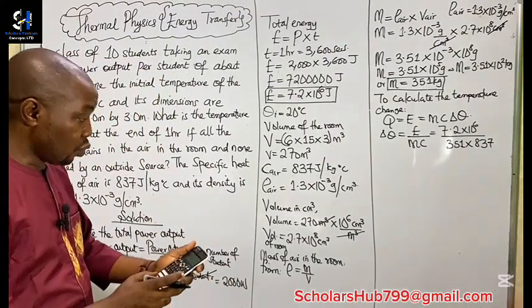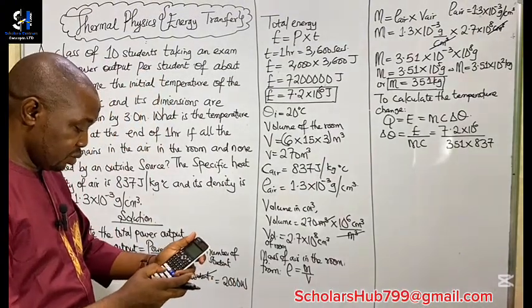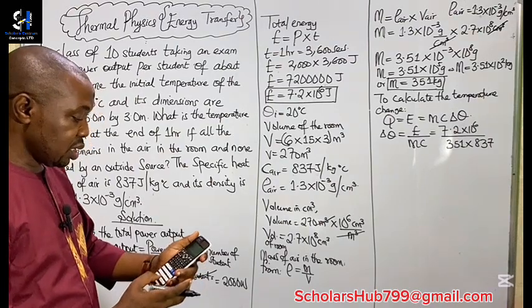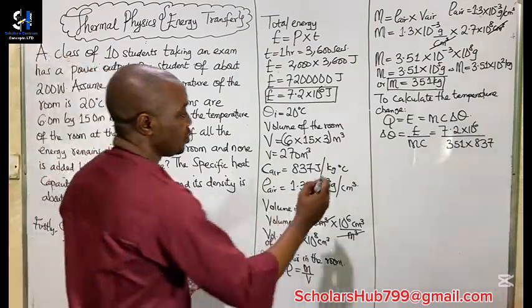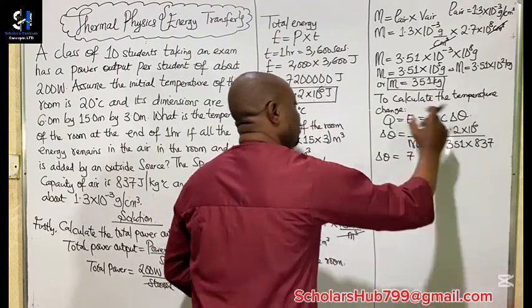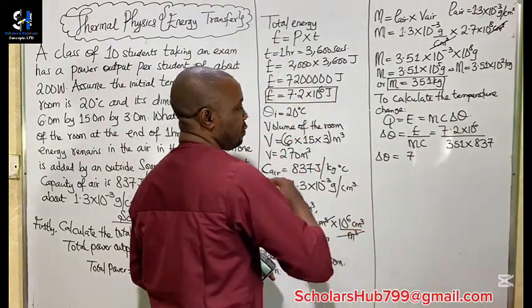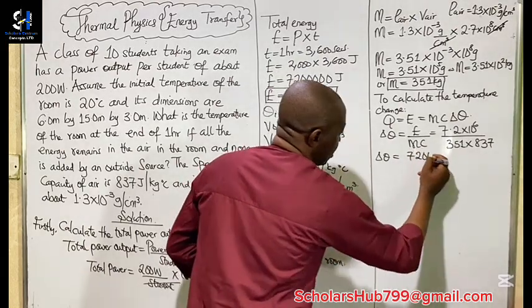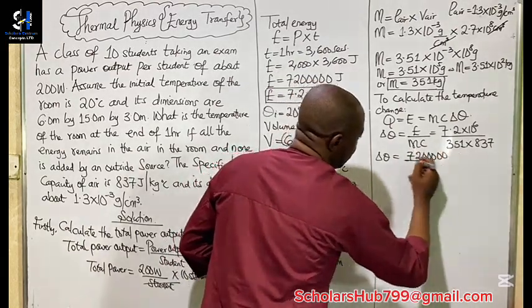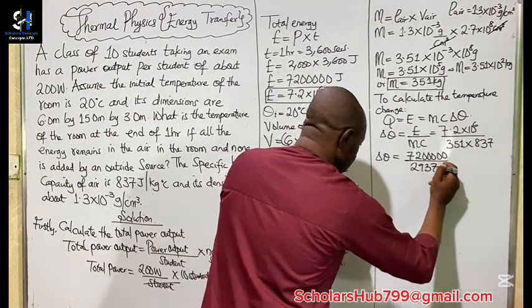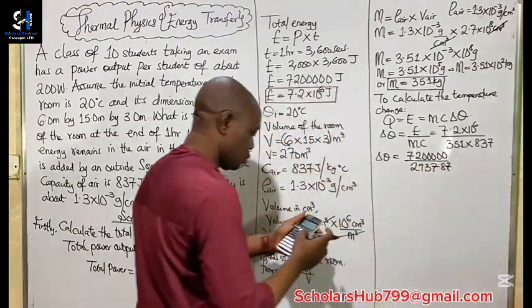So we have 351 multiplied by 837. That will be 293787. So the temperature change would be, let me convert this into standard form, 7200000 over 293787.